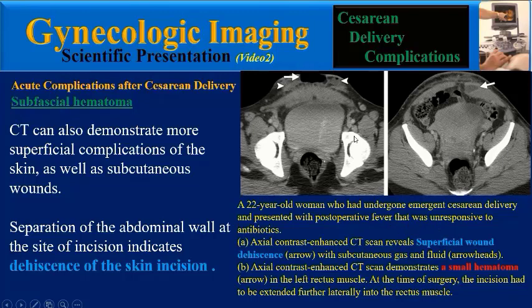This axial CT shows a superficial wound dehiscence with subcutaneous gas and fluid. Another axial CT image demonstrates a small hematoma in the left rectus muscle, because at the time of surgery the incision had been extended further laterally into the rectus muscle.